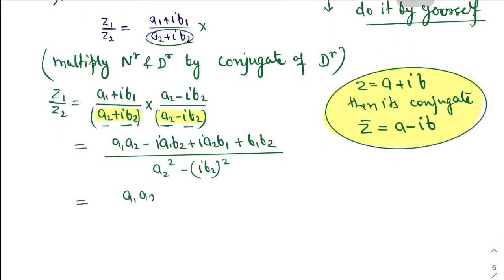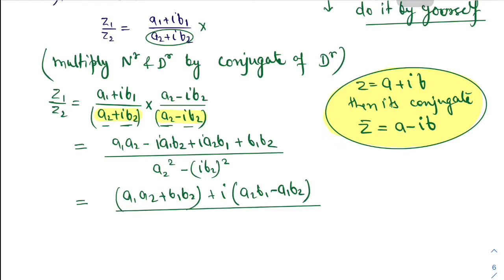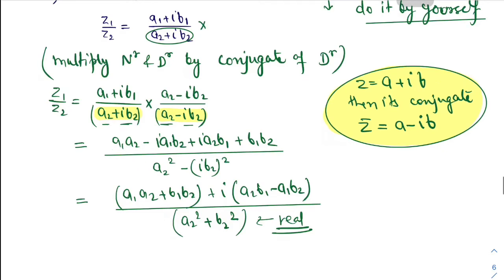So combining real and imaginary parts, in the denominator i square will be plus 1, so a2 square plus b2 square, this is real. The denominator becomes real, there is no term of iota here, okay? So this is how we do the division.